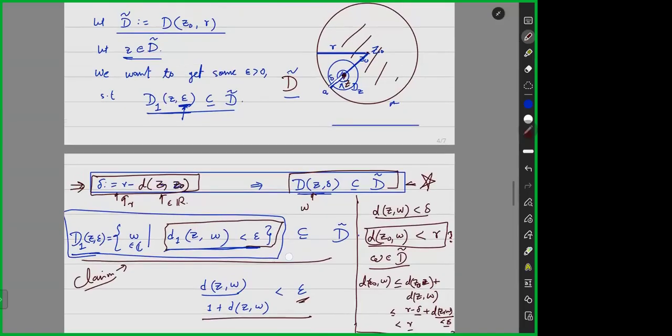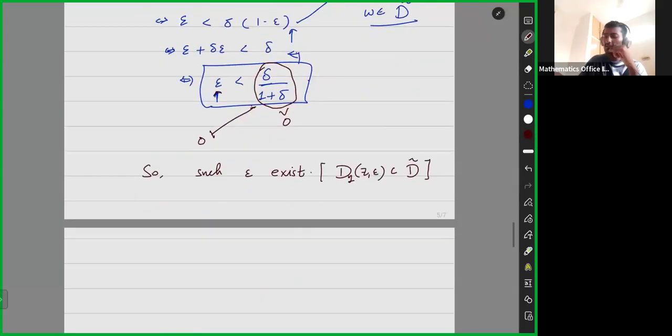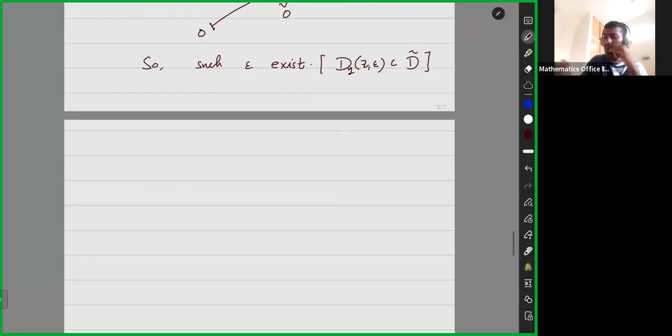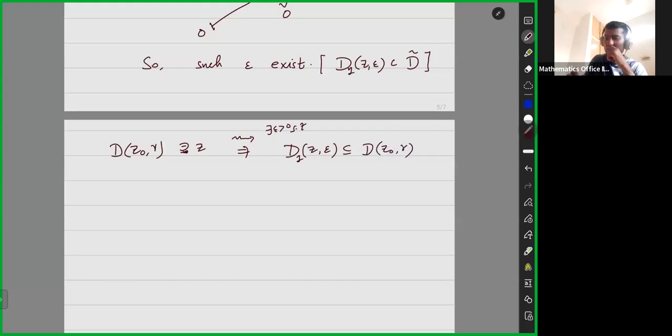Okay, sir, I get it now. If you draw the picture, it will be very clear. So basically, what I did is first took d z naught r, we pick a point z here, and after all this calculation we concluded that there exists epsilon positive such that d1 z epsilon is contained in d z naught r.